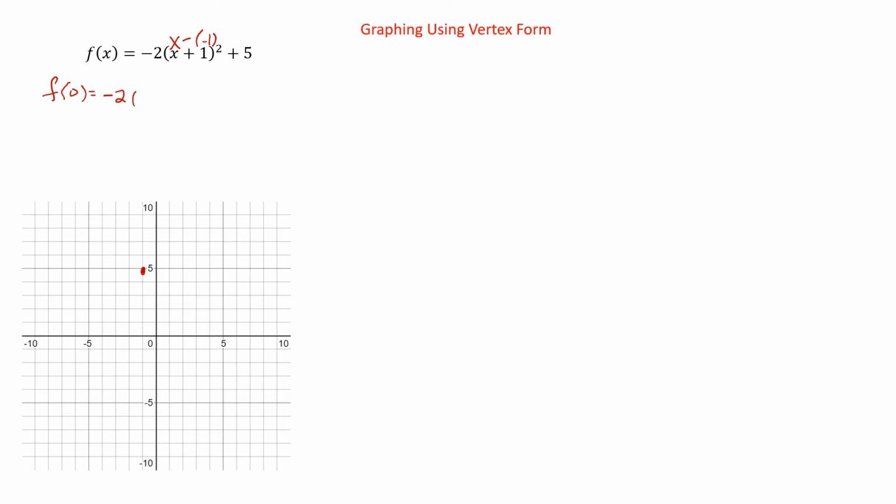We'll have -2 times 0 plus 1 squared plus 5. 0 plus 1 is 1. Squared is 1 times -2 is -2 plus 5, which is 3. So f of 0 equals 3.